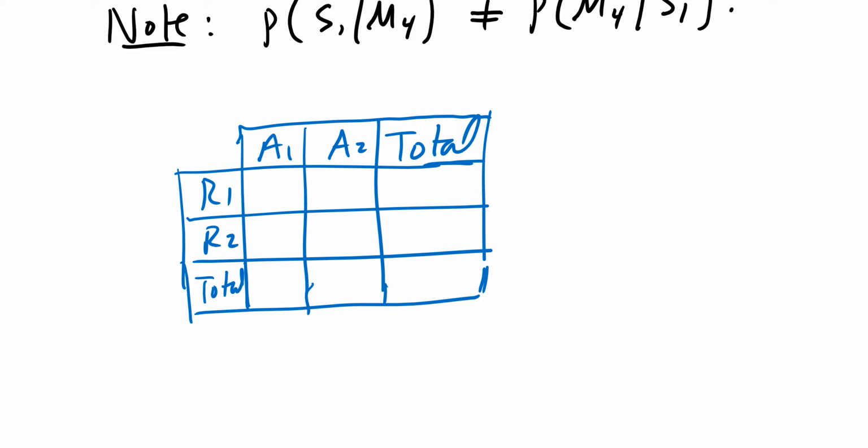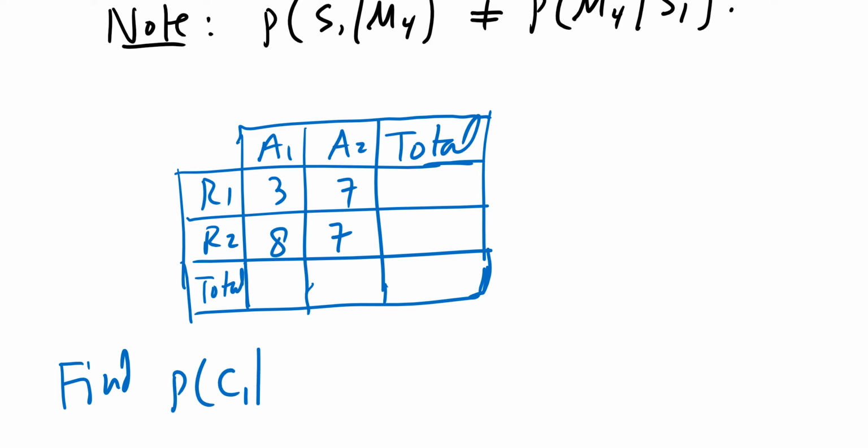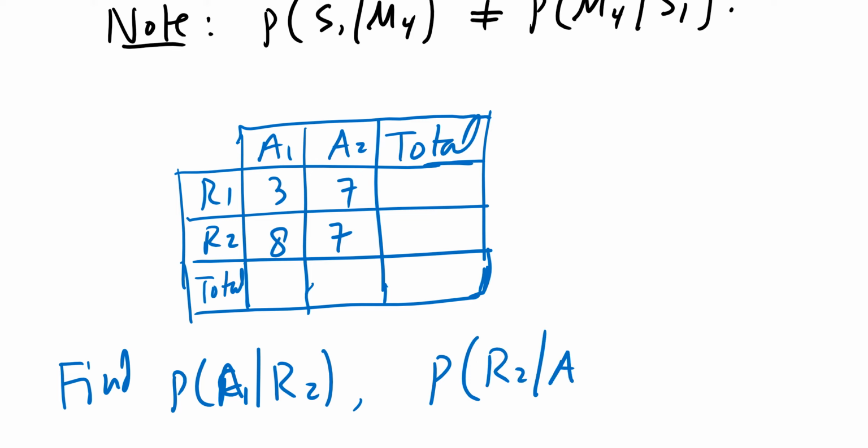So let's say it didn't give us actual probabilities. They give us numbers like 3, 7, 8, 7. And they want us to find the probability of R2 given A2, let's say. Okay, so that's what we're going to do now.